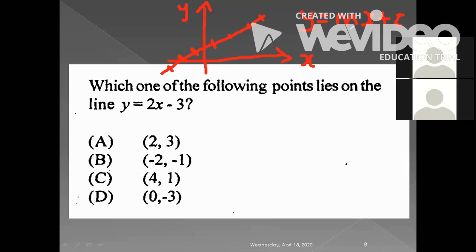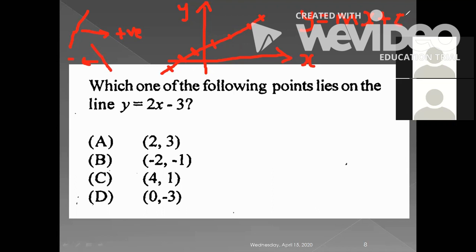The gradient can either be positive or negative. I don't know if you remember that if the line is rising to the right, it's a positive gradient, and falling the other way, it's going to be negative.